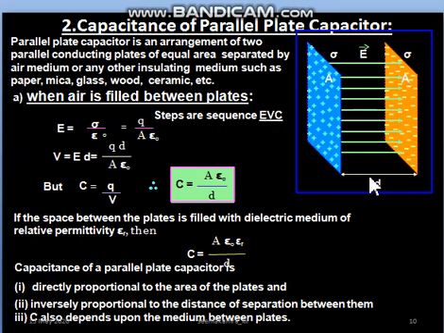Now these dimensions are important for C. Let us start now. When we have to calculate the capacitance, we have to always follow the sequence. The sequence is EVC. That means first we will calculate the electric field between plates, then voltage, and then capacitance. So let us start with electric field.